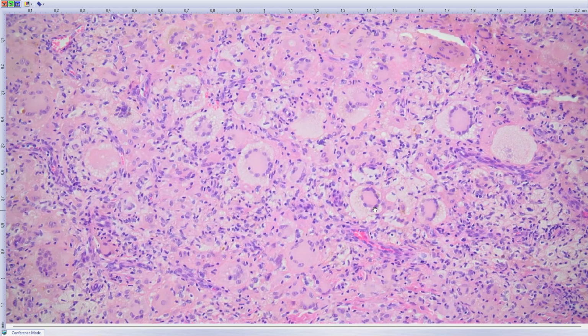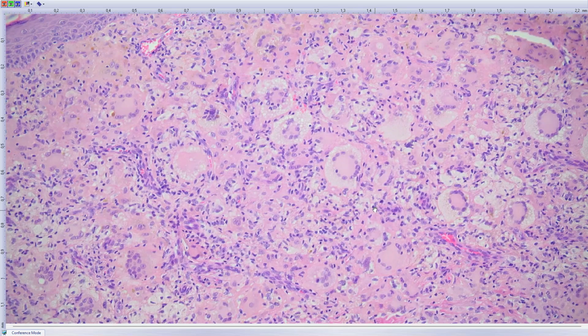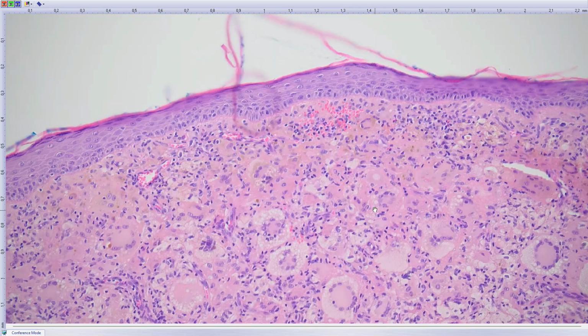So juvenile xanthogranuloma is not that common a lesion, it's quite rare, but it's the most frequent non-Langerhans type histiocytosis in humans. It's completely benign, but in cases with systemic involvement, especially liver or some other organs, it can be quite serious and even fatal and should be treated.